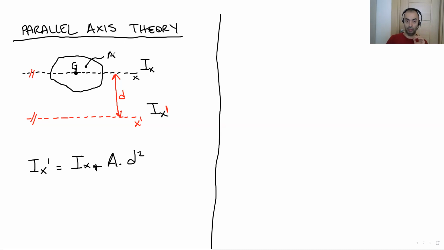So this is the new one: the existing moment of inertia plus area times distance squared. Here we have the moment of inertia definition.